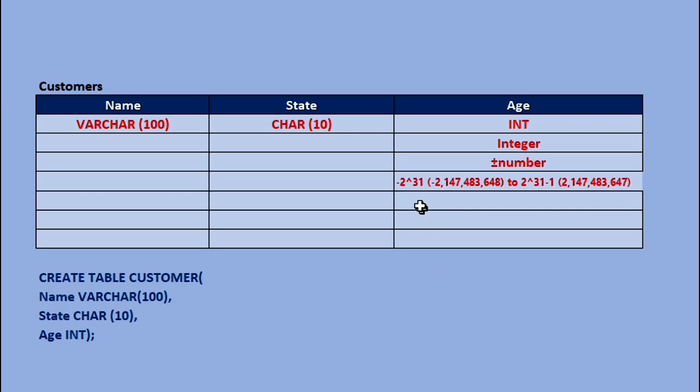Now, what is the limit of int data type in SQL? It ranges from -2 to the power of 31 to 2 to the power of 31 minus 1. So it's a pretty big limit. And any number within this int limit can be used.